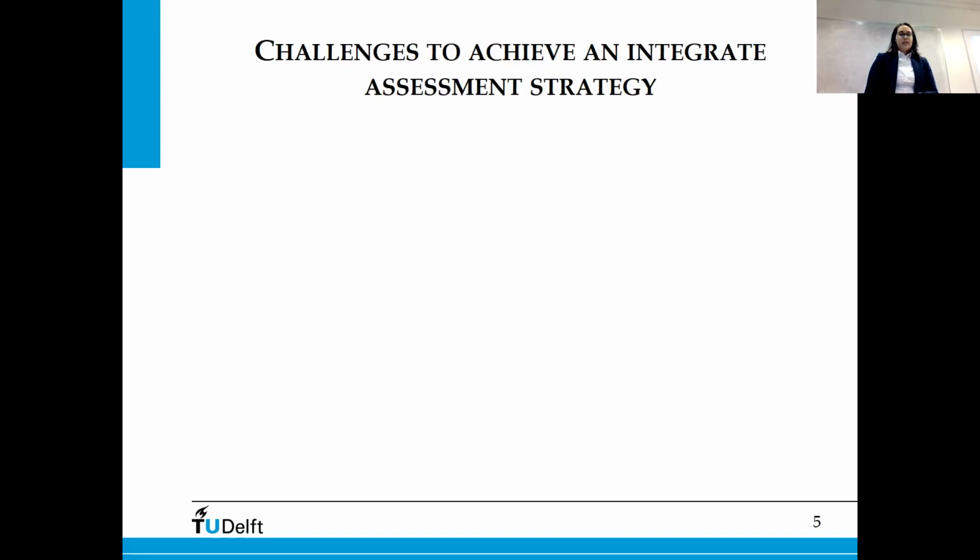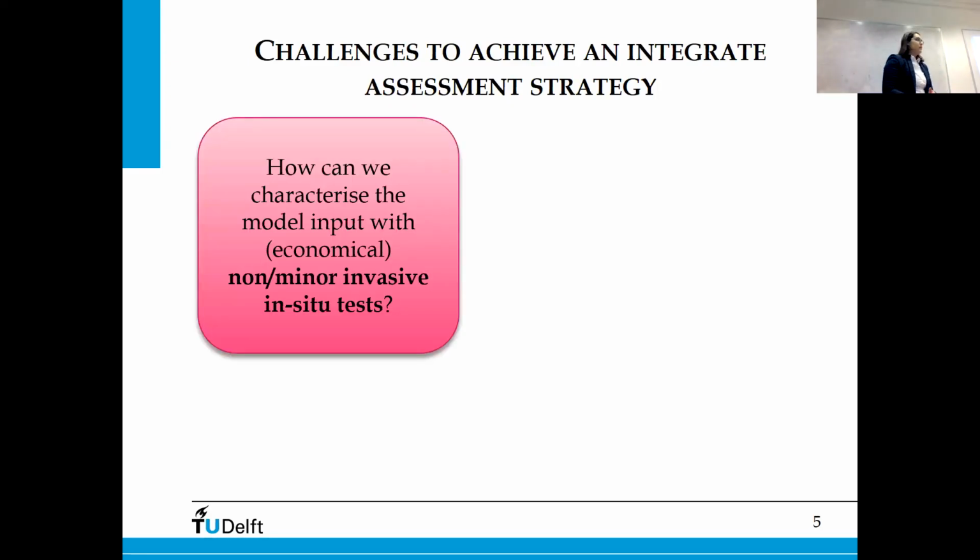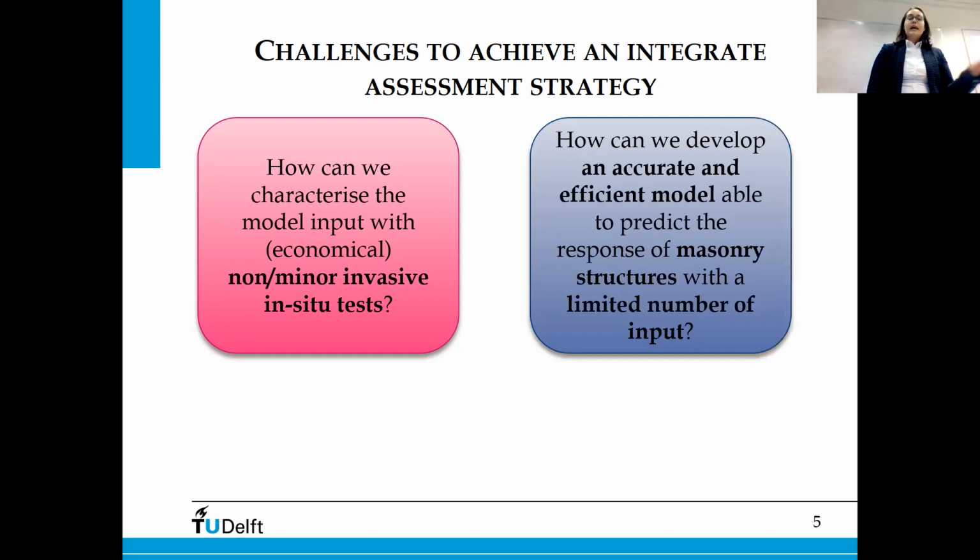But what are the challenges to actually achieve this? So first of all, how can we characterize the model input with economical and minor invasive in situ tests? This is one question, so to try to fit current models. On the other side, how can we create an accurate and efficient model that can predict the response of the masonry structures, but with very limited input parameters?